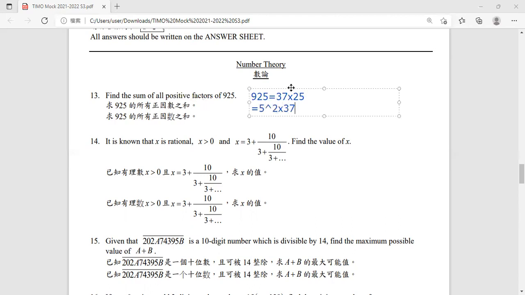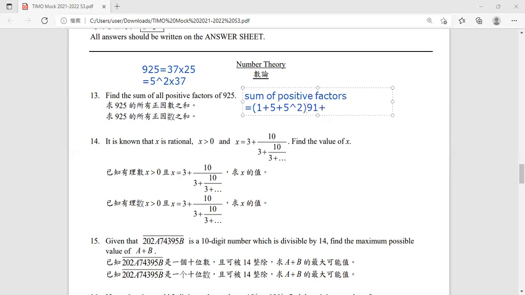And the sum of positive factors is equal to 1 plus 5 plus 5 squared, times 1 plus 37, which equals what? Any questions? Just that.